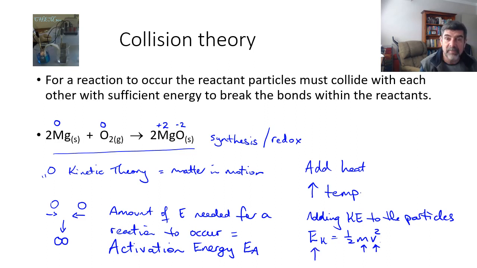We haven't changed the particles, so the mass is the same, but what we have done is we've increased the velocity. They're now moving faster. Because they're moving faster, they have more energy. They are more likely to have sufficient energy to reach the activation energy, that is the energy they need in order to react, and therefore we're more likely to have a reaction. So in most cases, what we find is increasing the temperature of a particular reaction will increase the rate of that reaction.